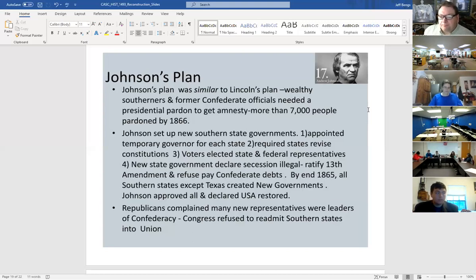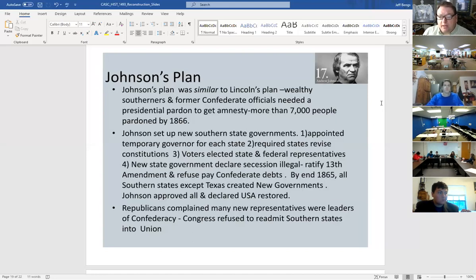Reconstruction. Both Lincoln and then after he was assassinated, Johnson, his vice president, who became president, both of these two presidents, number 16 and 17, they had a somewhat lenient plan to bring the South back in.